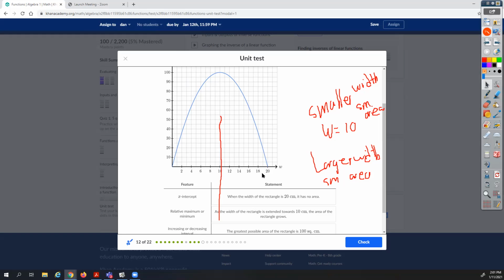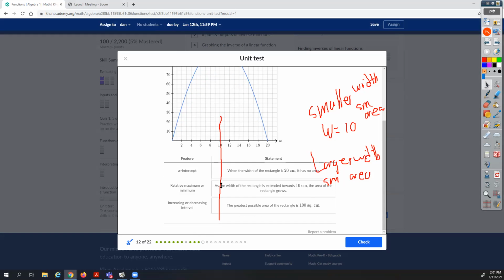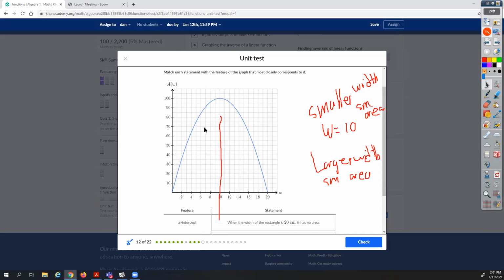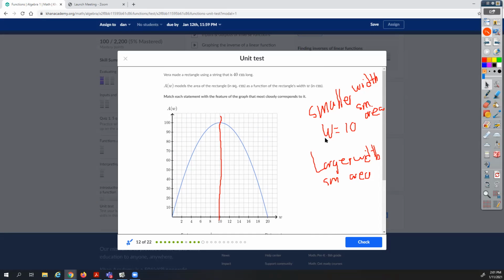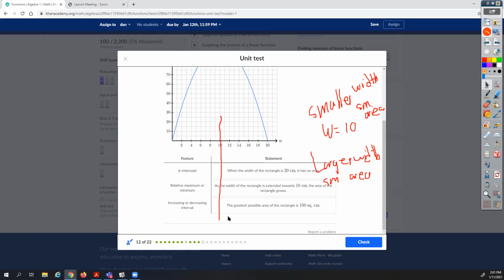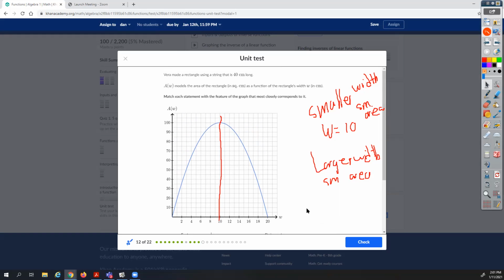This is the x-intercept right here. It has no area, which is right. The relative maximum, as the width of the rectangle is extended towards 10 centimeters, the area of the rectangle grows, which we said it was here, which is true. This is the biggest part right here, right? And then increasing or decreasing, the greatest possible area of the rectangle is 100 square centimeters. Well, yes, it is true. It's right here. That's the part that is increasing over here.